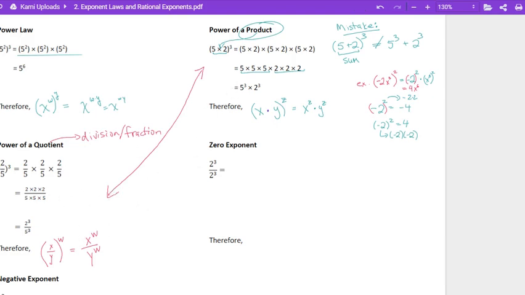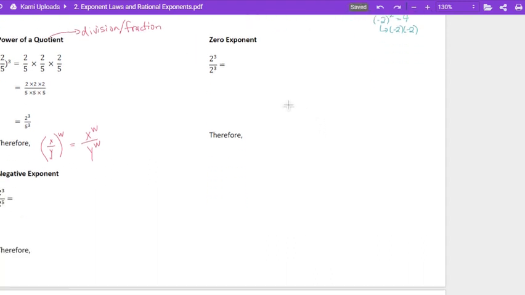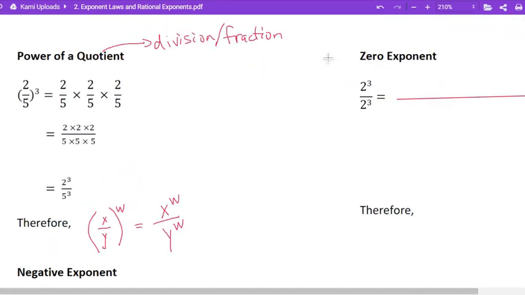Okay. All right. Next one is the 0 exponent. Folks, what is Miss Sly to the power of 0? What is math is fun to the power of 0? 1. Okay? Always. And here we see that because if I have 2 to the power of 3 over 2 to the power of 3, let's expand that.